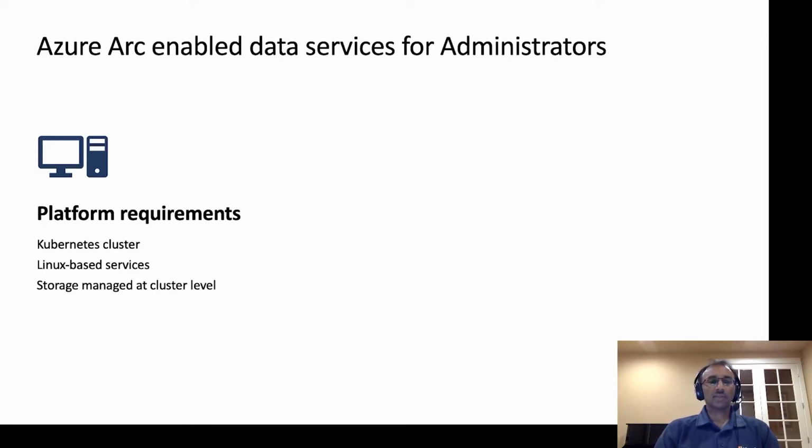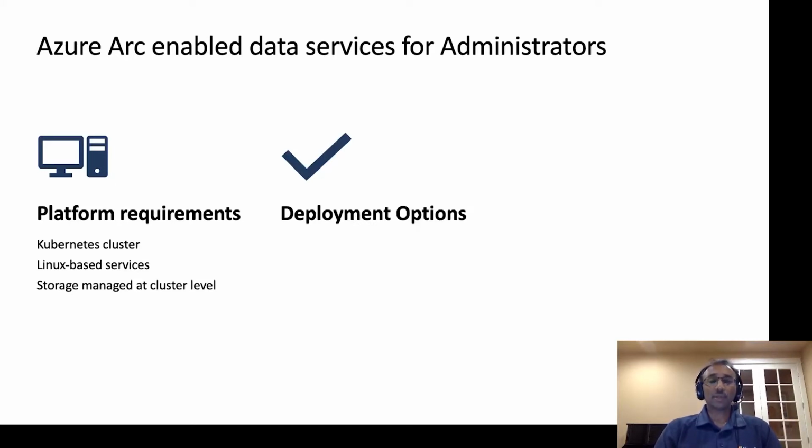And all of the data services are based on Linux containers. That means you need to be able to manage them, maybe debug certain things there. So it's all Linux. And then storage again is managed at the Kubernetes cluster level, right? So this is a fundamental difference.